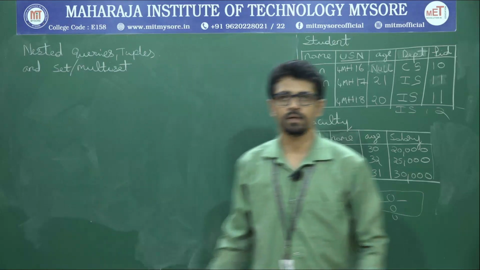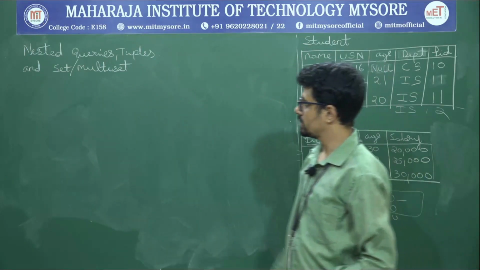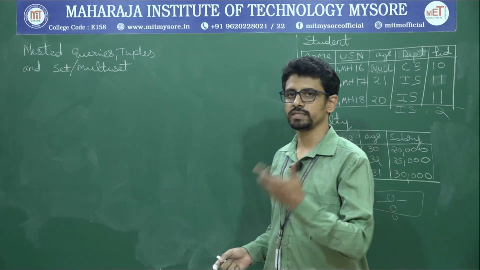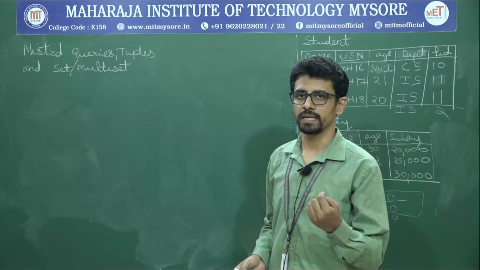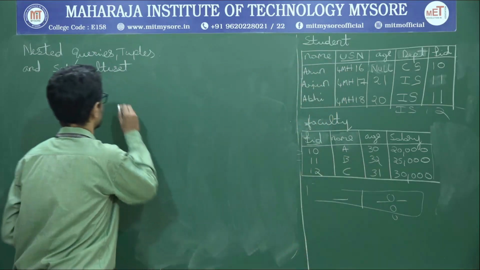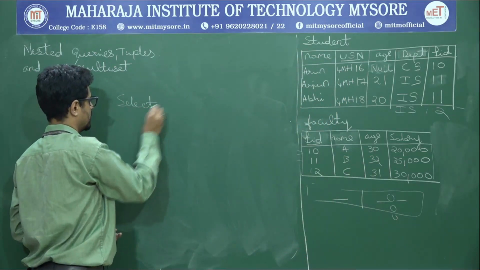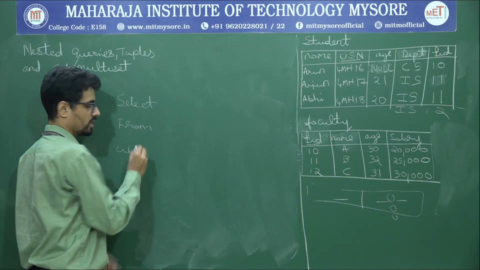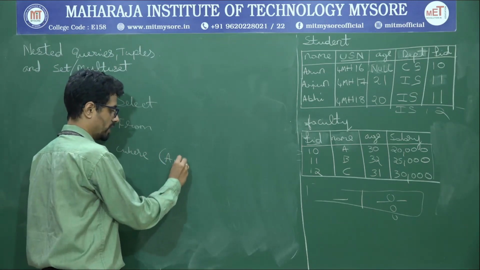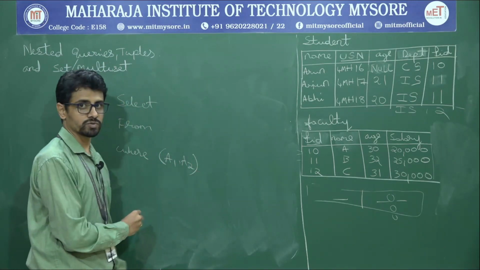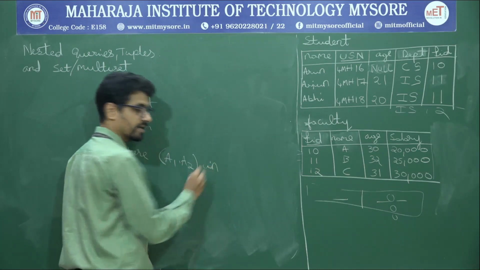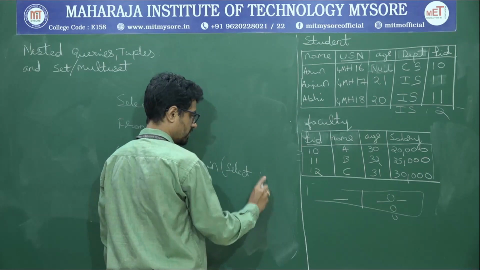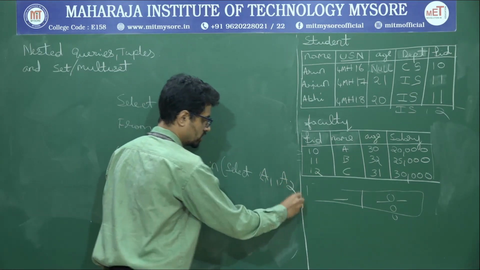In case of a nested query, one more thing is that the attributes need not be one, it can have multiple attributes. For example, select something from something where I can have attribute 1, attribute 2 in, select again attribute 1, attribute 2.